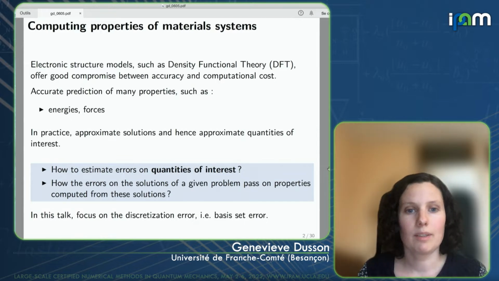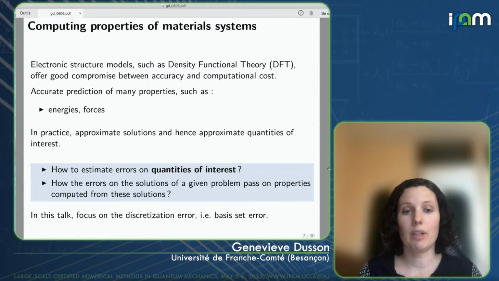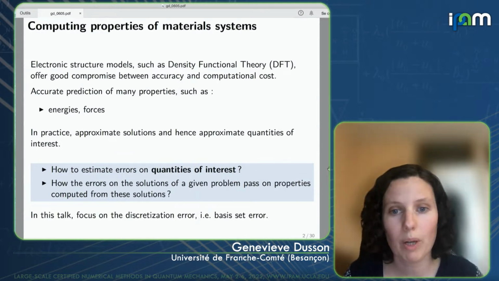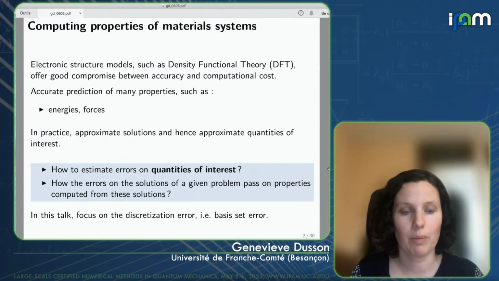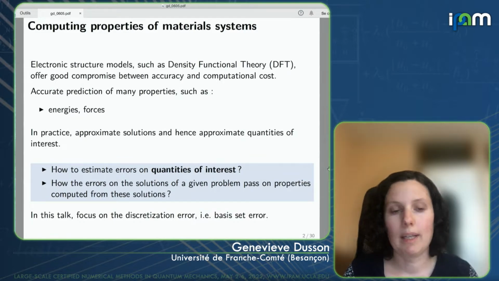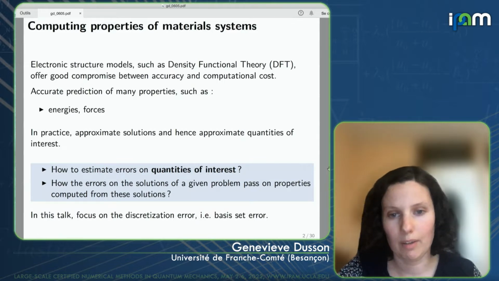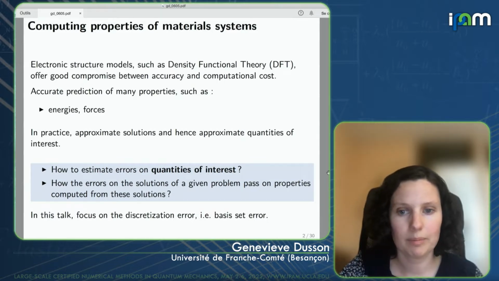To answer this question, we have to understand how the errors on the solutions for a given problem pass on to properties computed from these solutions. In this talk, I will focus on the discretization error, also called basis set error.